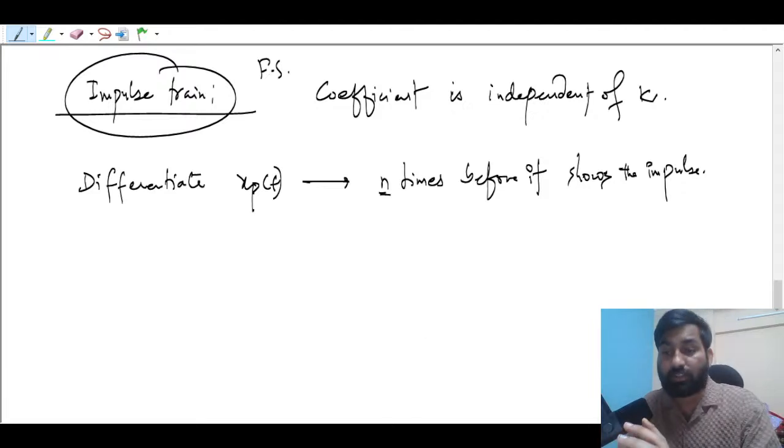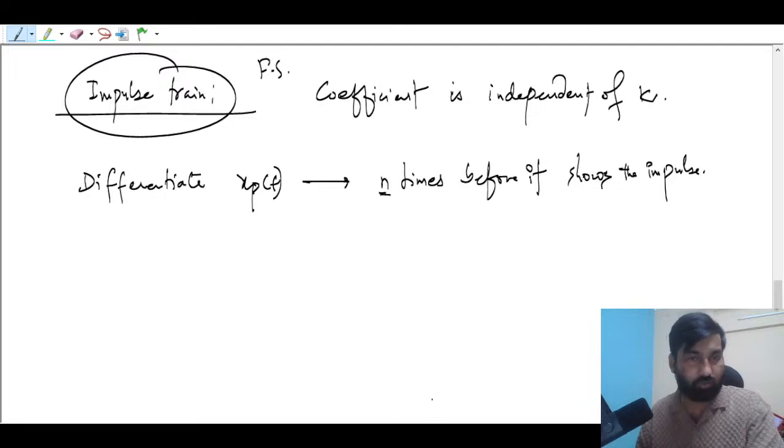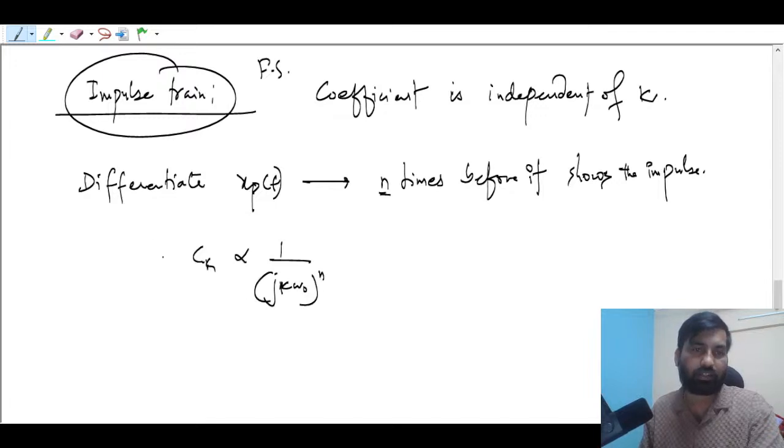Because as soon as the impulse comes, your coefficient is going to be independent of k. Your ck is going to be proportional to 1 by (j k omega naught) to the power n.